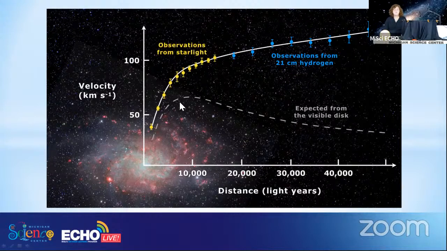We expected a peak right here where we have most of the mass, and then a slight drop off as we continue on. But we were seeing that it's actually increasing. Scientists were super confused, and Vera Rubin discovered and said this must be that dark matter that we were talking about. So that dark matter is actually out here in the halo of our galaxy and causing this increase in the velocity that we're seeing.